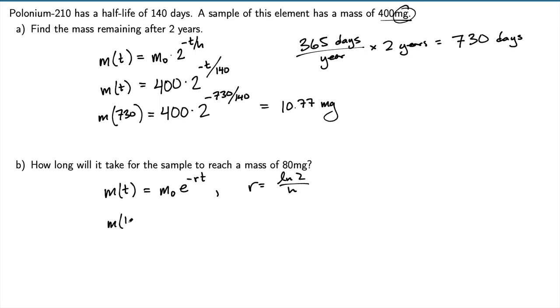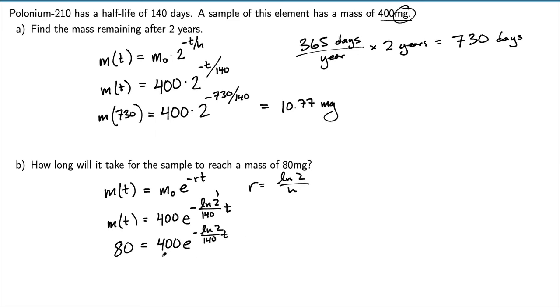So our model is m of t equals the initial, which is 400, times e to the negative, and then r is natural log of 2 over the half-life, which was 140 days, and then times t. Now I want to know how long it takes for the sample to reach a mass of 80 milligrams. So that's what we want our output to be. 80 equals 400 e to the negative natural log of 2 over 140 t.